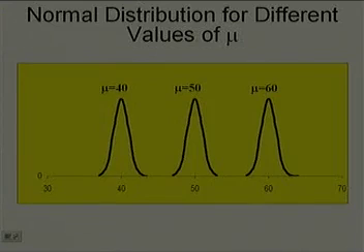What you find here is that the standard deviation or the variance is same for all the three alternatives, but they vary in their expected values. The expected value, sometimes it is also referred to as mu or mean value. For the first one is 40, for the second one is 50, and for the third one it is 60.